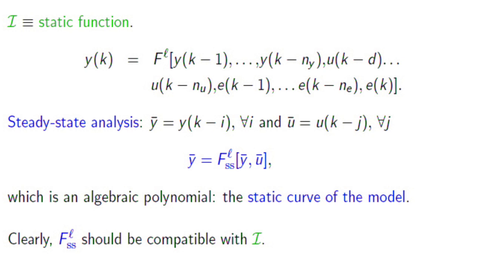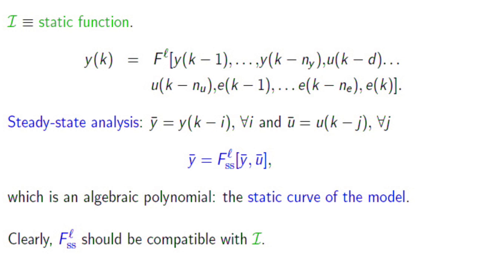And the same for the output y. Regardless of the lag, since it's constant, all the lagged values have the same value, and we call that y bar. So if we substitute these into this model, eventually you end up with a very simple equation. And it says that it's a steady state relationship.